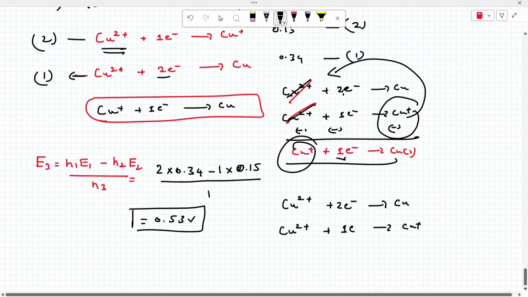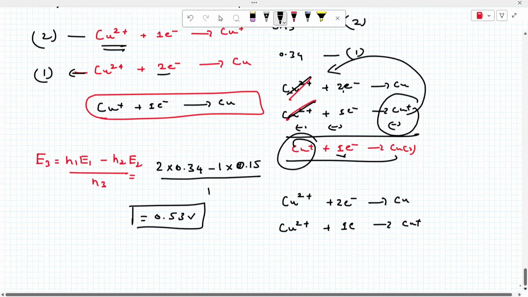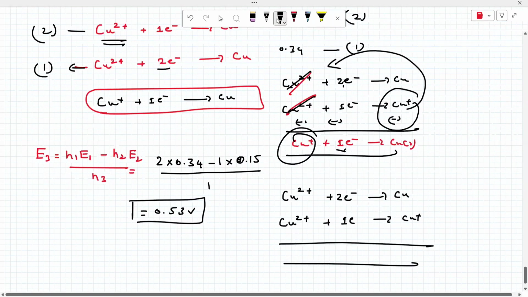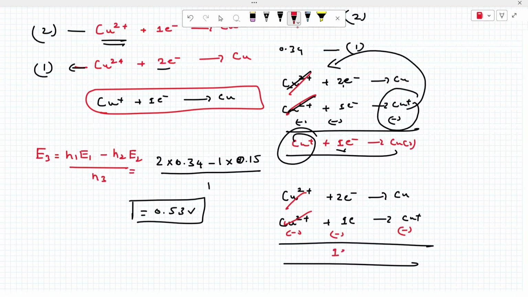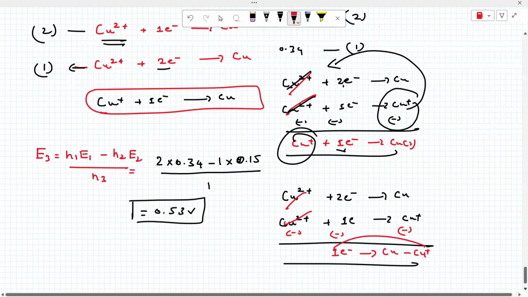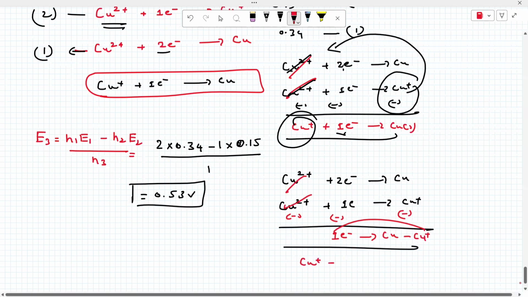I can cancel, I can subtract. Cu2+ cancels out. 2 minus 1, that is 1 electron. 1 gives Cu, and minus Cu+ moves to the left side and becomes plus. So Cu+ plus 1 electron gives Cu. Simple.